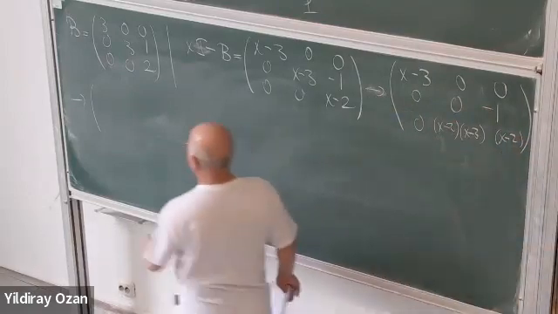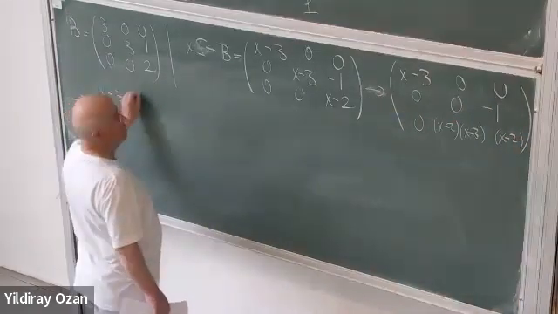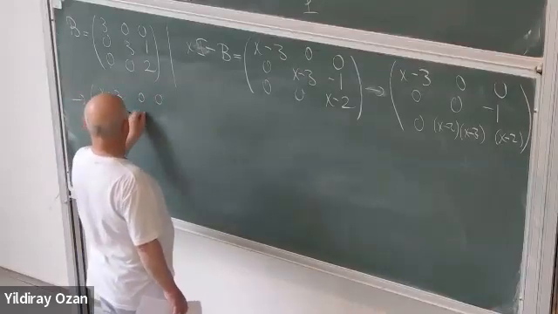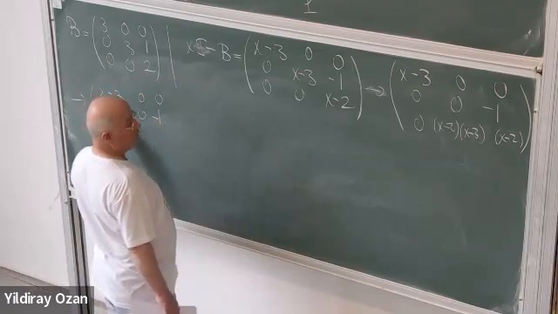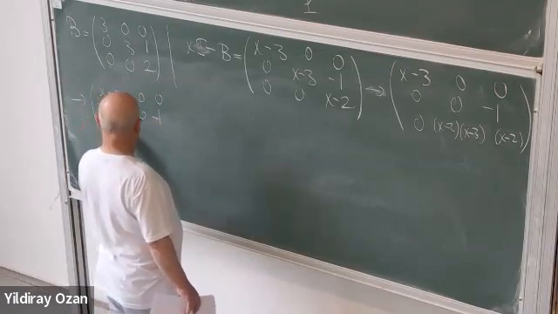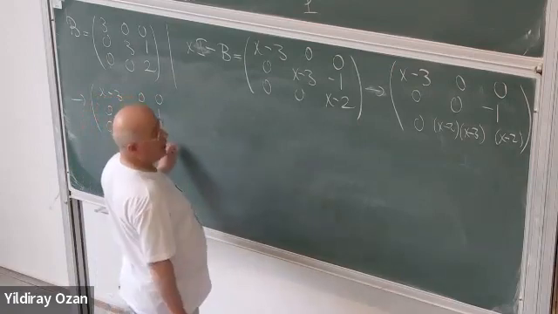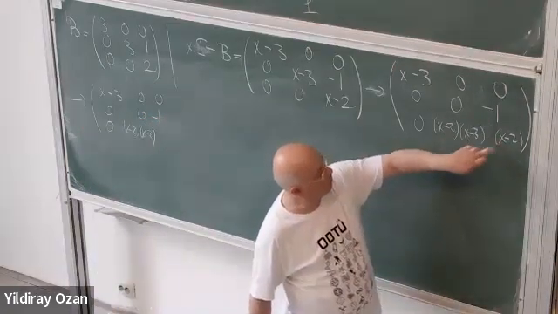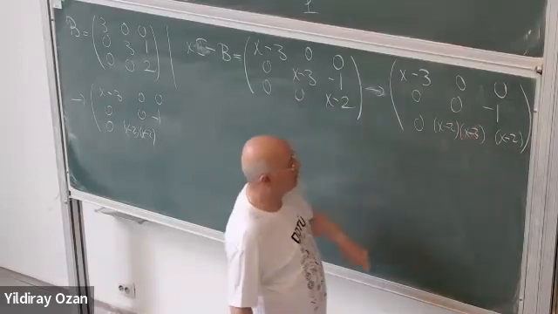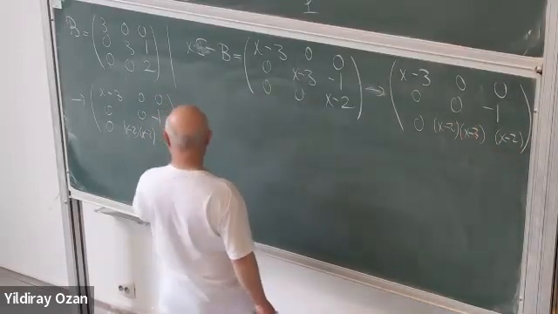Yes, x minus 3, 0, 0, 0, 0, minus 1, 0, x minus 2, x minus 3, and then multiply with x minus 2 and this one, so we get this.